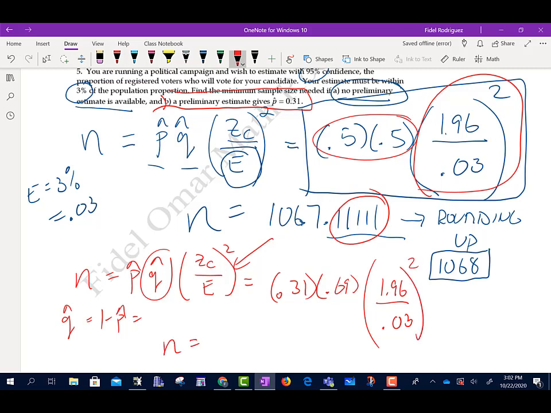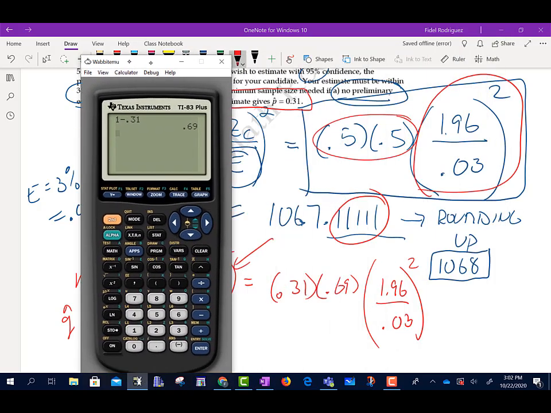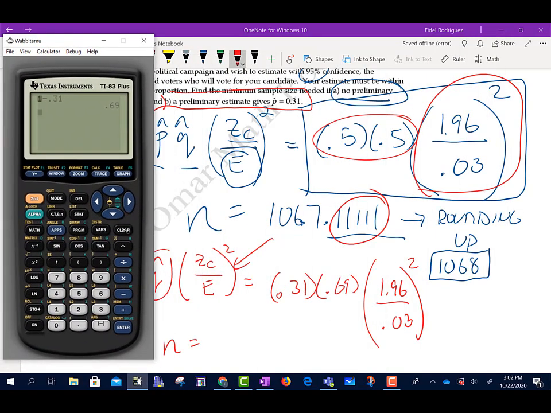So let me take my calculator, and I'm going to type in exactly what I see. 0.31 times 0.69 times, I've got parentheses, 1.96 divided by 0.03. Close it off, and don't forget to square it, and then hit enter.